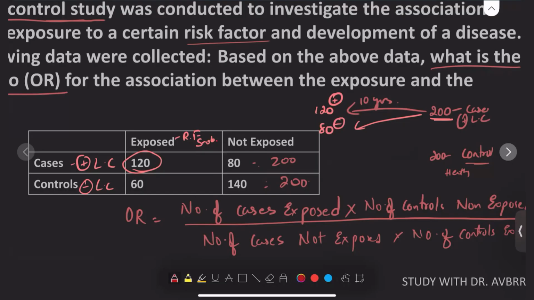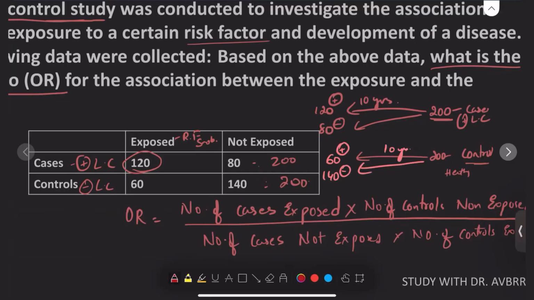In the control group, sorry, it's 60, my bad. 60 people were smoking, but they don't have the disease, and 140 people were not smoking. So this is the case control study.